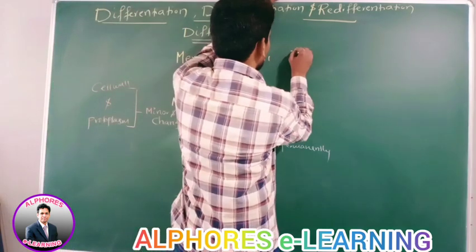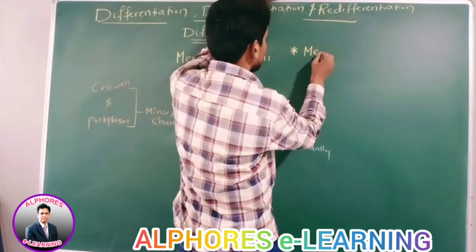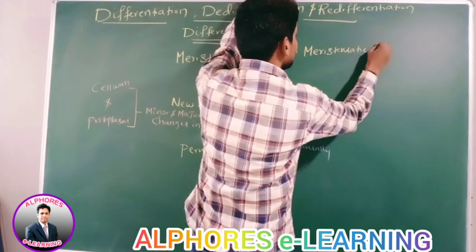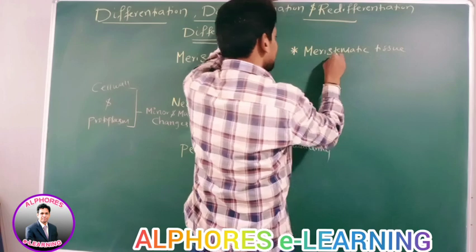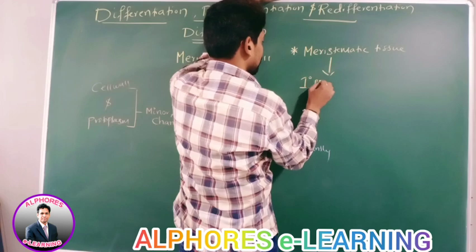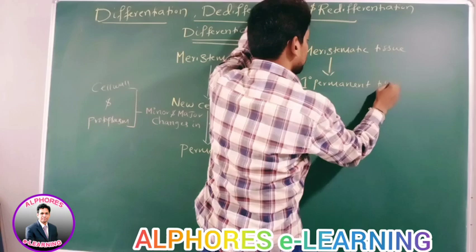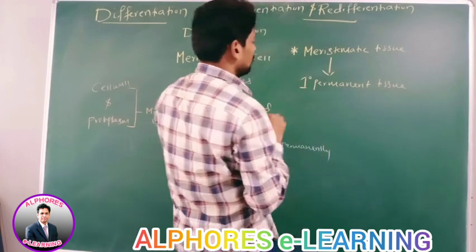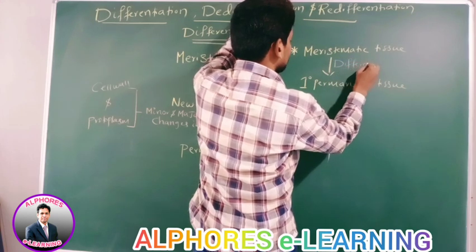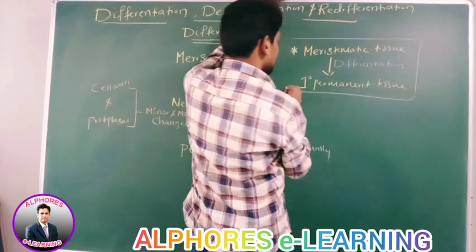Therefore, during the differentiation process, meristematic tissue has changed to primary permanent tissue. By which process? Differentiation process.